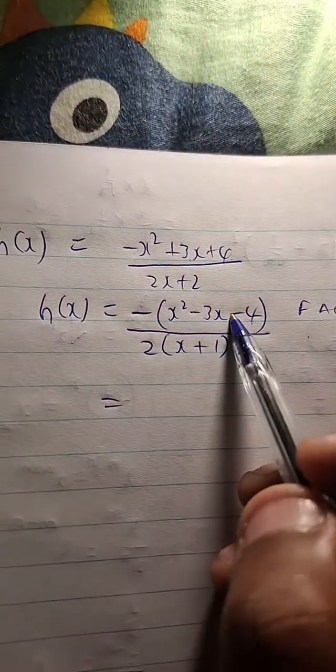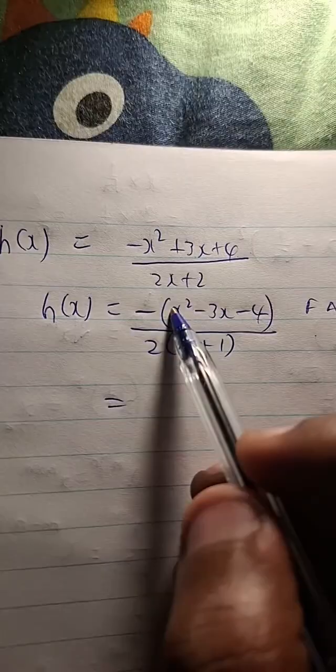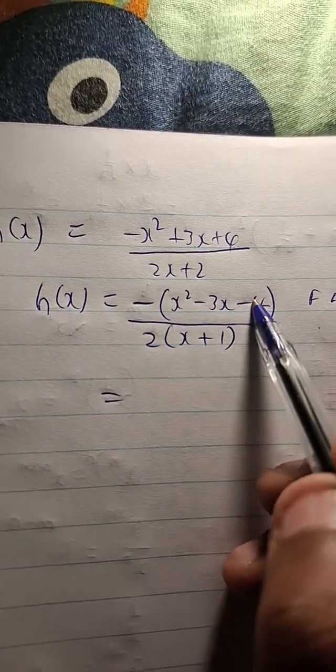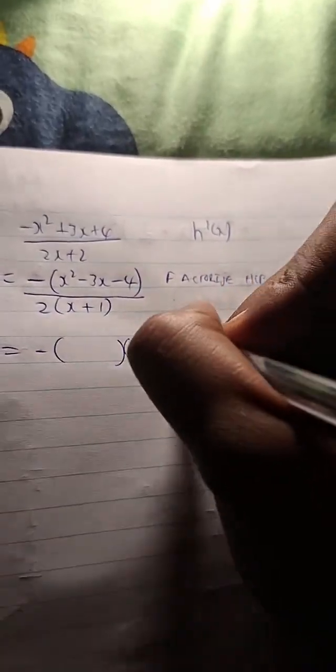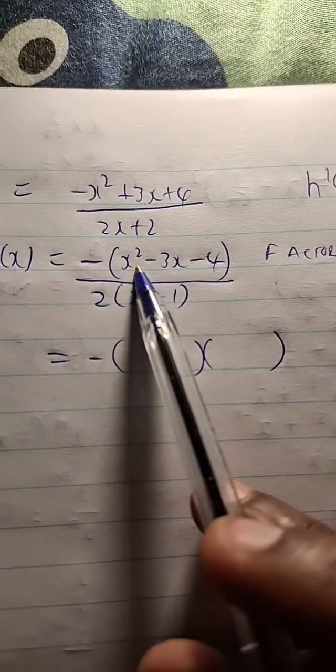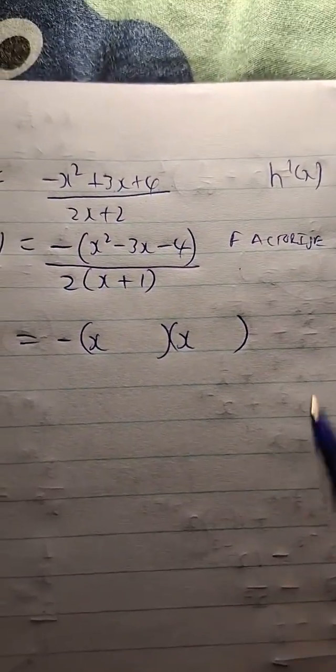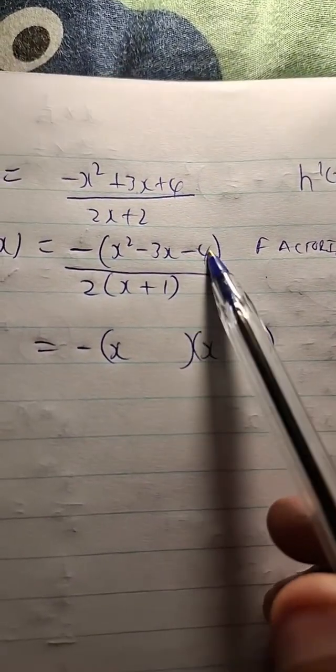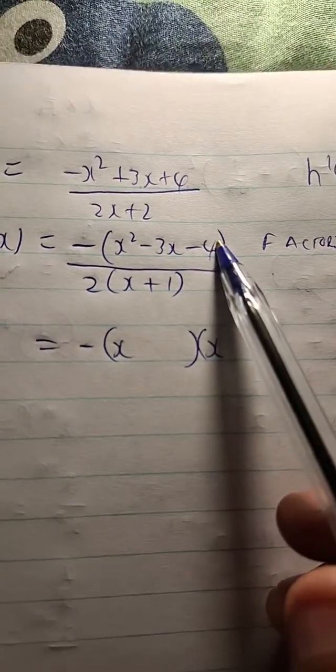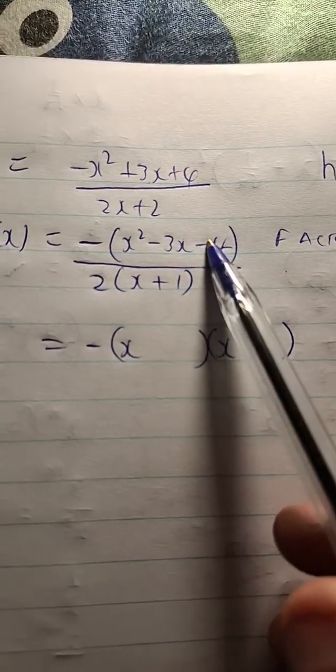Secondly, I can factorize this in brackets because this is a quadratic trinomial expression. I can factorize it by opening two beautiful brackets. X squared I can write as x and x. Then I want to find the factors of 4. When I multiply these factors of 4, I need to get -4.